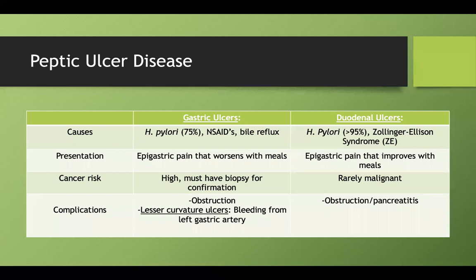It's important to realize that both of these ulcers have a risk of bleeding. So gastric ulcers tend to live on the lesser curvature and they bleed from the left gastric artery, whereas duodenal ulcers, especially posterior duodenal ulcers, they tend to bleed from the GDA, the gastroduodenal artery.